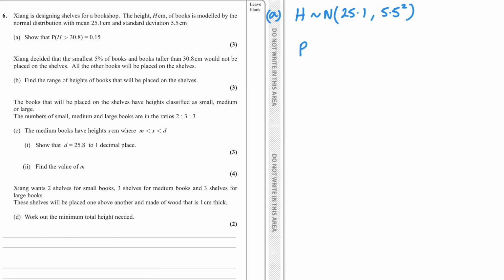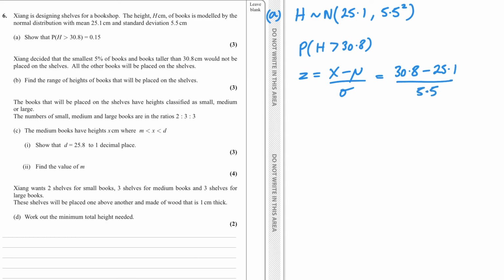Now we want to show the probability that H is greater than 30.8, and I want to use my value of Z. Now I know that Z is X minus the mean over the standard deviation. So that is 30.8 minus 25.1 over 5.5.